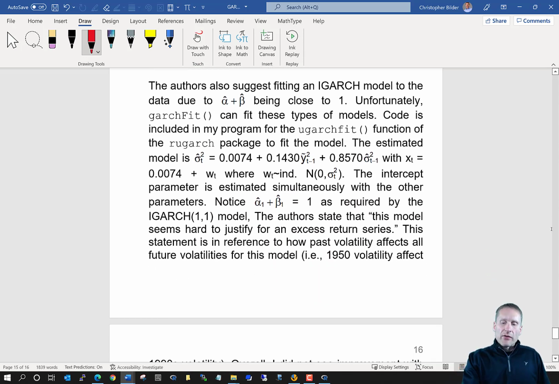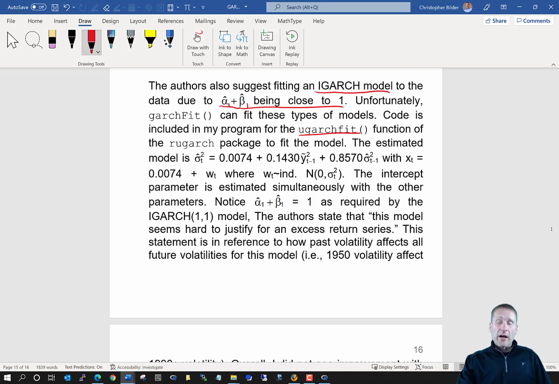Now, the authors also suggest using an iGARCH model, because alpha hat plus beta hat, or I should put a 1 there, excuse me, are close to 1. And so one could go ahead and do that. Unfortunately, garchFit does not allow you to do that. Instead, I can use the ugarchfit function to actually estimate it.